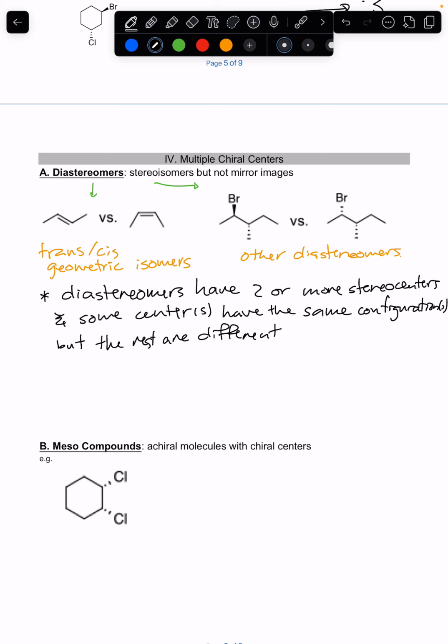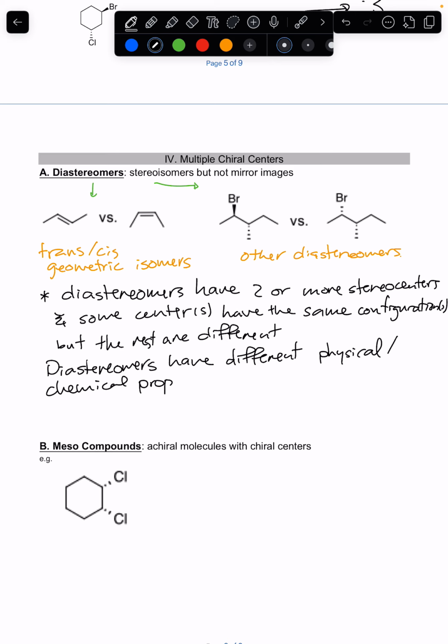And why do we care about diastereomers versus enantiomers? Well, diastereomers can have different physical and chemical properties. Right, so they're really different shapes and whatnot.